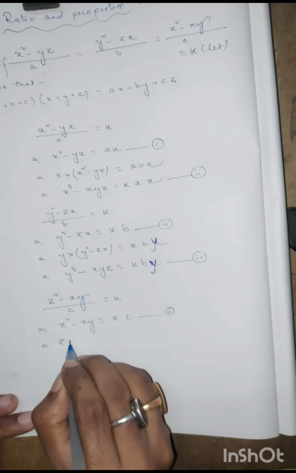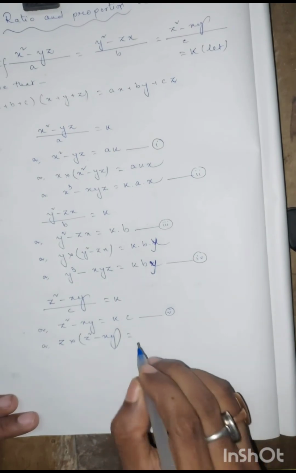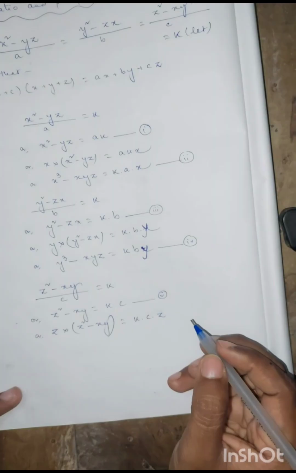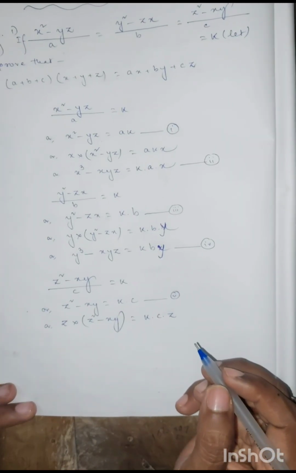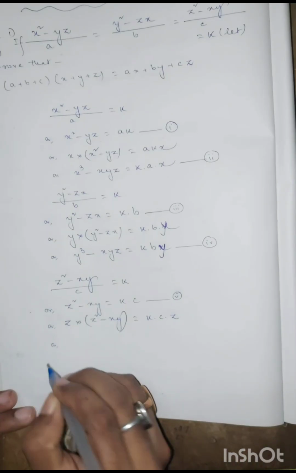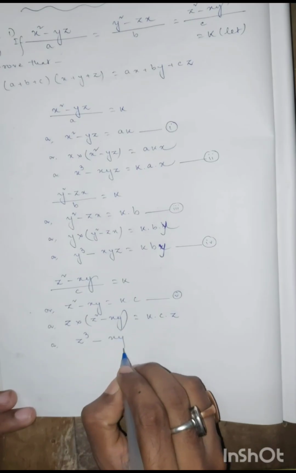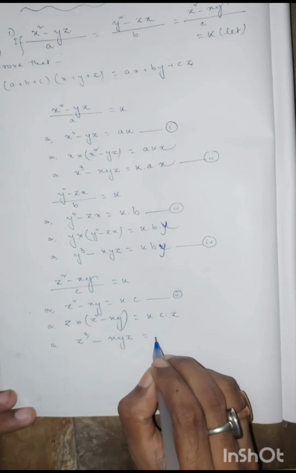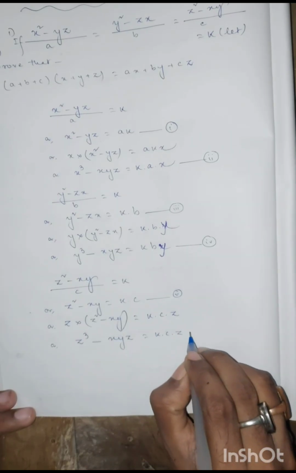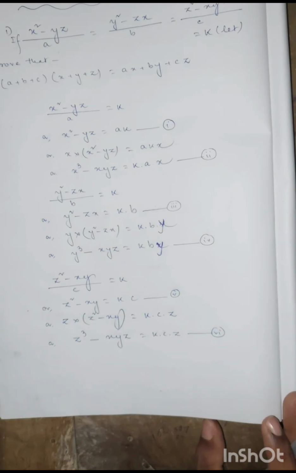So we can write z into (z square minus xy) is equal to k into c into z, or z cube minus xyz is equal to k into c into z. This is our equation number 6. So we have 6 equations.